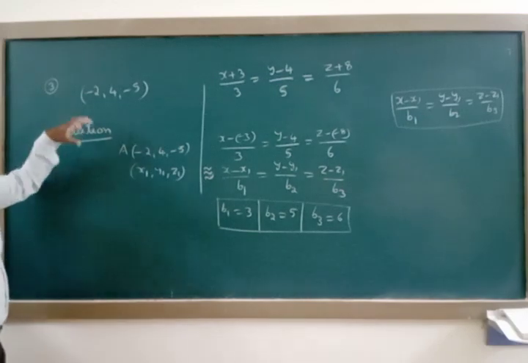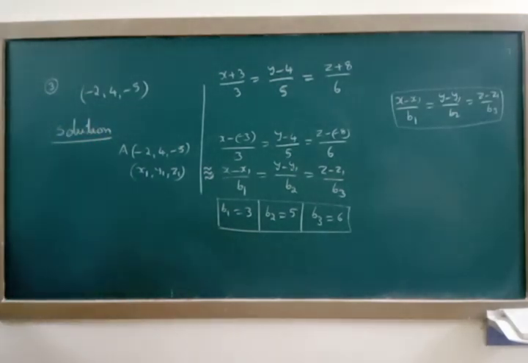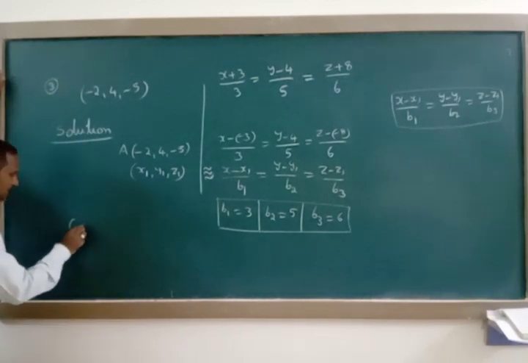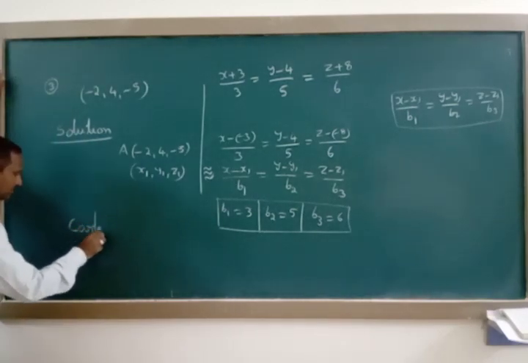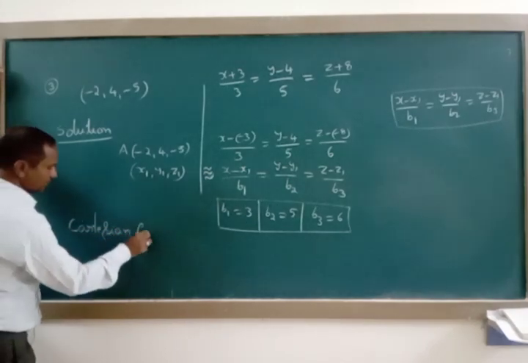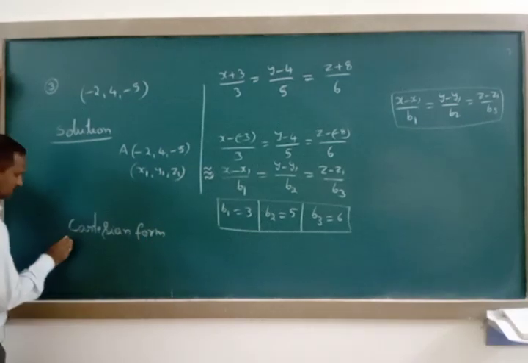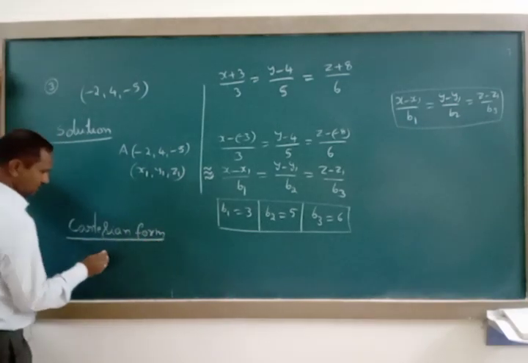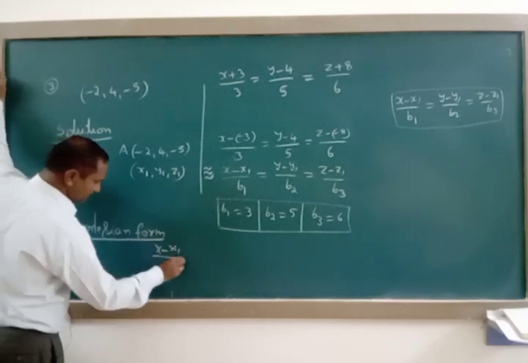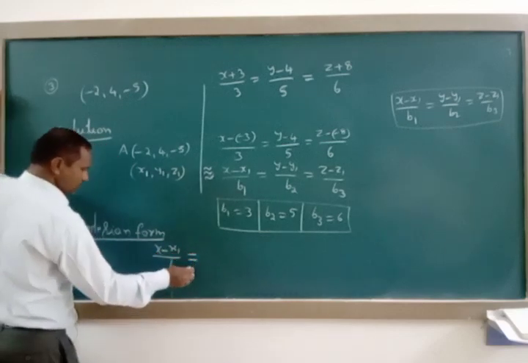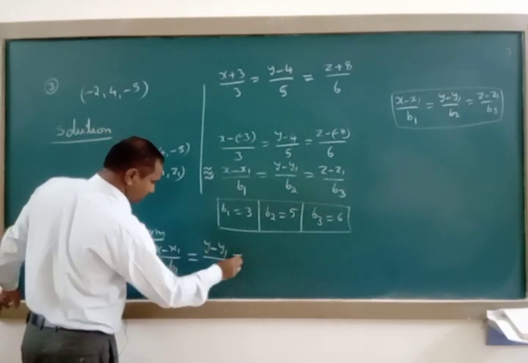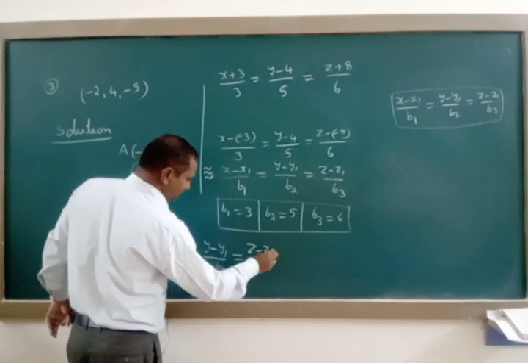Now they are asking for the Cartesian form of the equation of a straight line for this question. The Cartesian form of the equation of a straight line is (x minus x1) by b1 is equal to (y minus y1) by b2 is equal to (z minus z1) by b3.